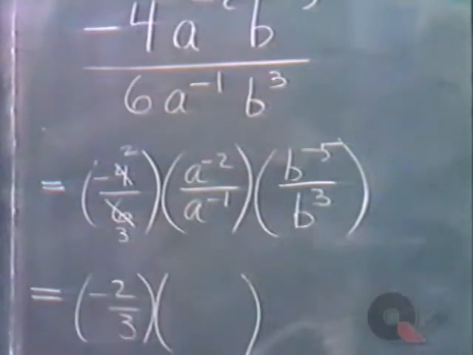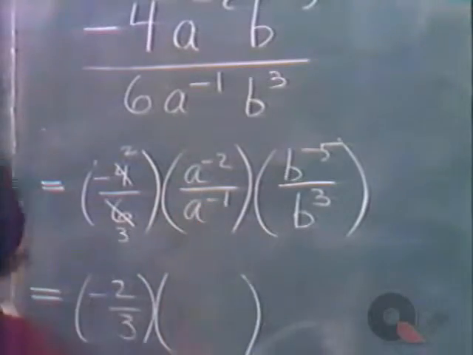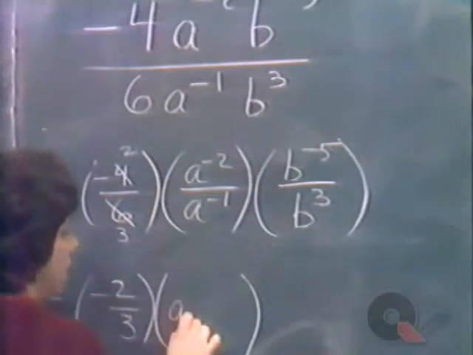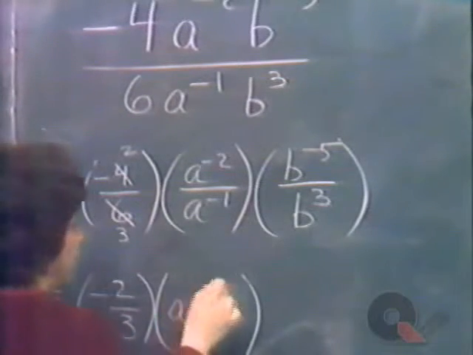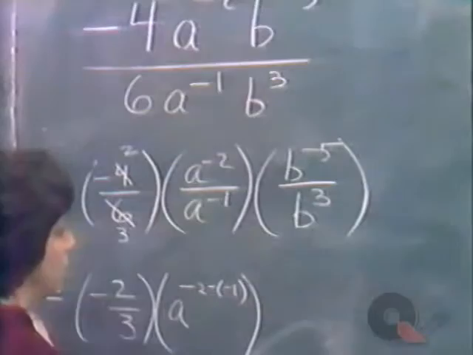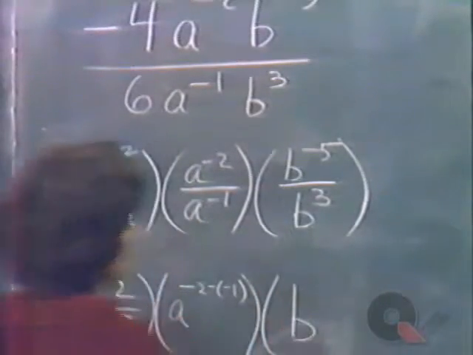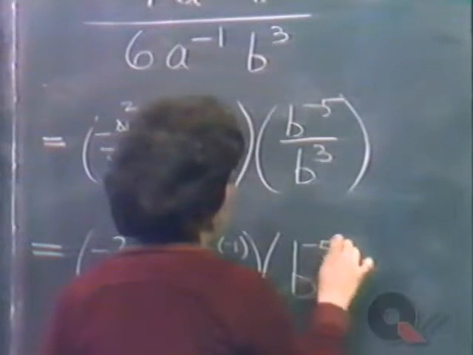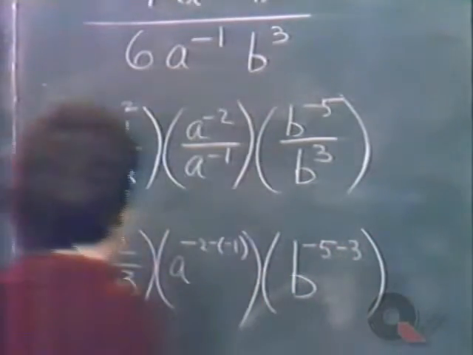Here we have a to the m over a to the n, rule 2. It's a to the m minus n. So it's a, keep the same base, and subtract the powers. Minus 2 take away a minus 1. And here, b to the minus 5 over b to the 3, it's b to the minus 5 minus 3.